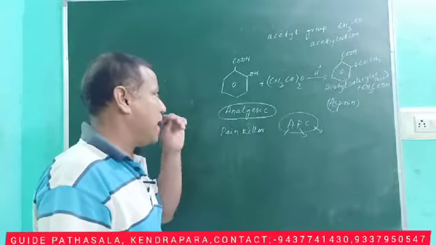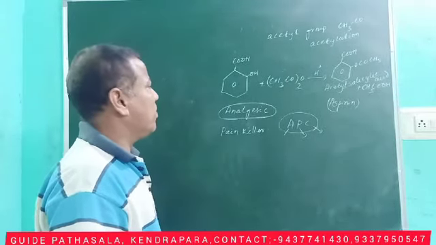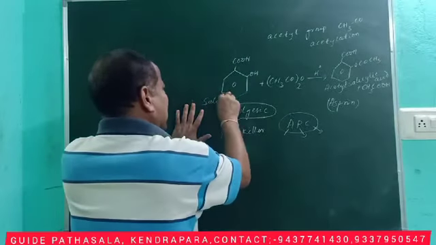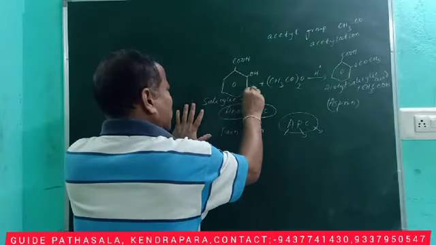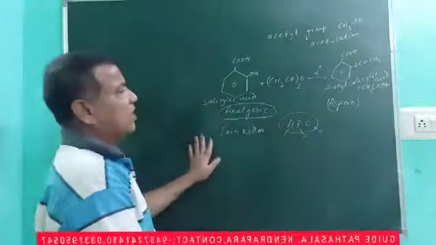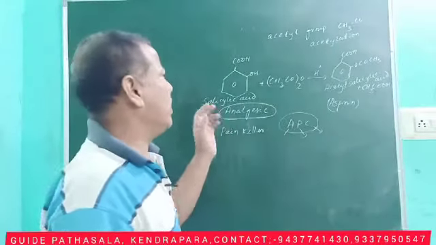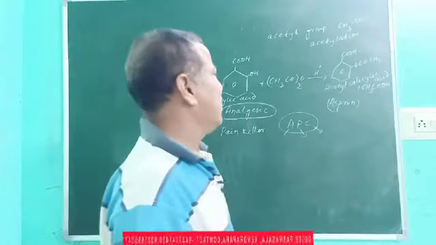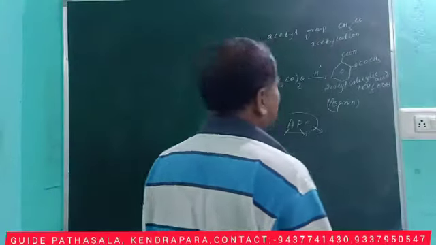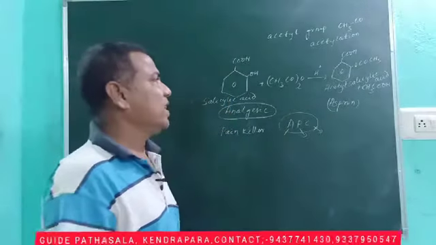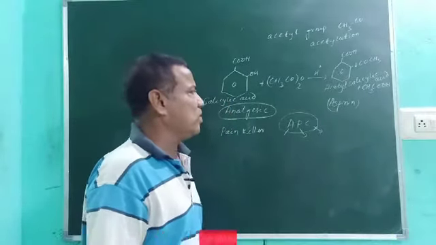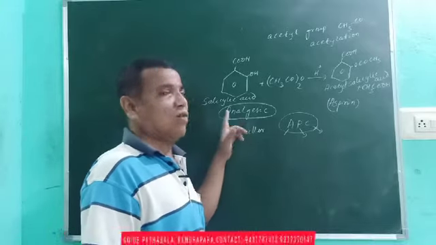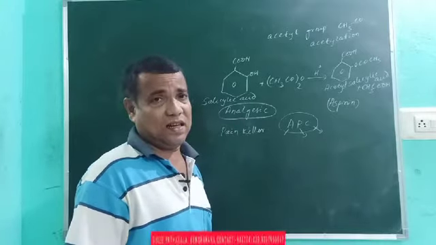Aspirin can be prepared by the acetylation of salicylic acid, that is ortho-hydroxybenzoic acid. Salicylic acid is treated with acetic anhydride in the presence of a mineral acid. Then acetyl salicylic acid is formed, otherwise known as aspirin, generally used as a painkiller or analgesic.